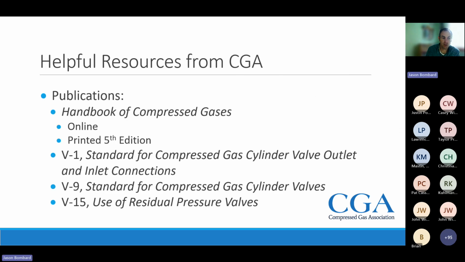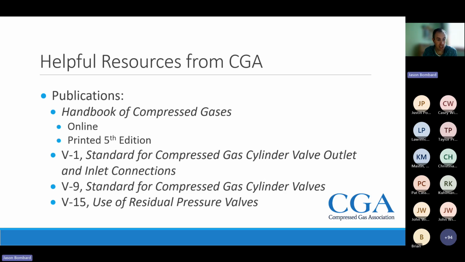Some places to go for more information on things that I've touched on today. Definitely the Handbook of Compressed Gases, both the online version that we put together and is still in progress, but it's getting there, and also you can find a copy of the printed 5th edition. If you come to the annual meeting, we'll be happy to hand you a copy.